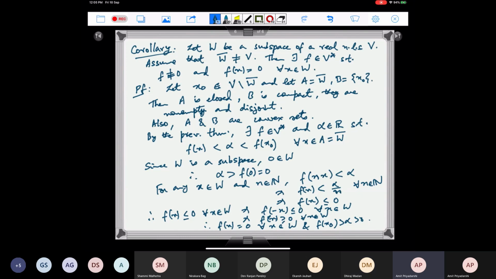You can say that if you have any bounded linear functional on a subspace, then you can extend it to the whole thing, right? No, the previous version of this separation theorem only has an open set and an arbitrary disjoint convex set.